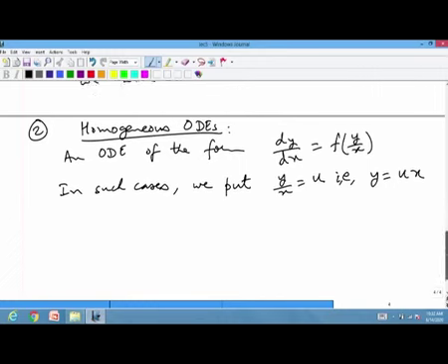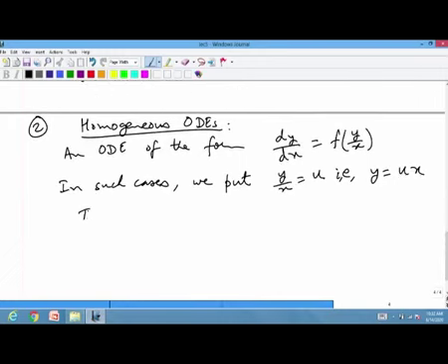So, if y is equal to u x, then what is dy dx? Dy dx will be equal to u plus x du dx.